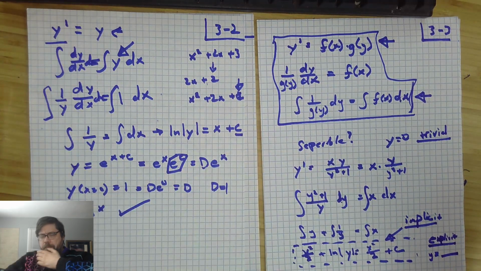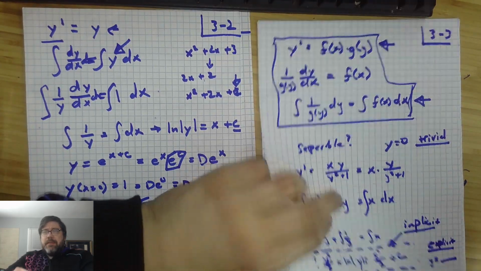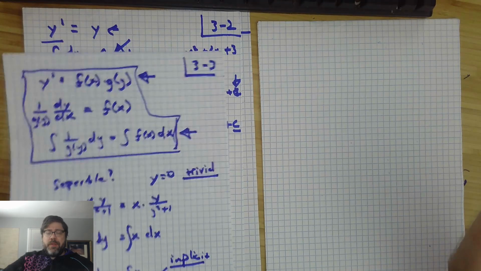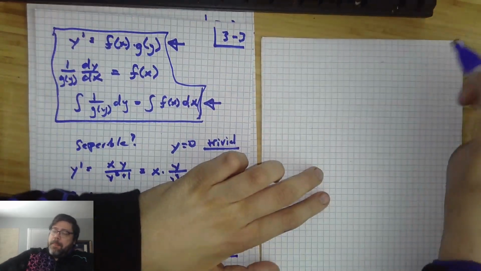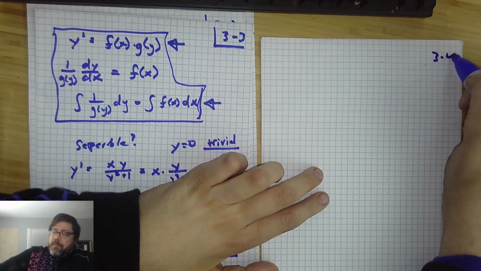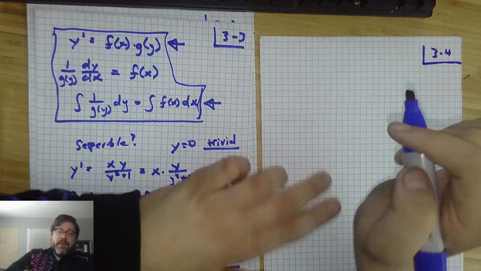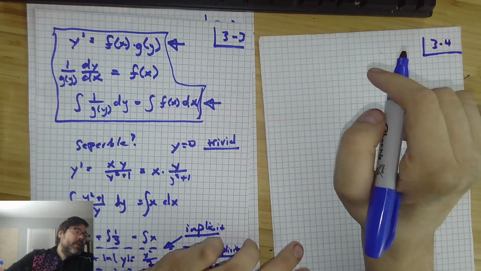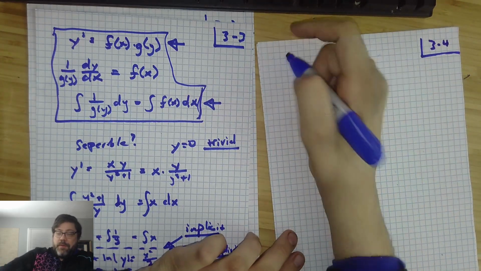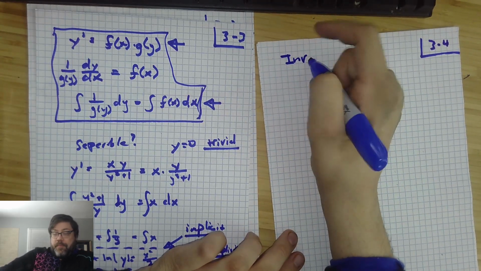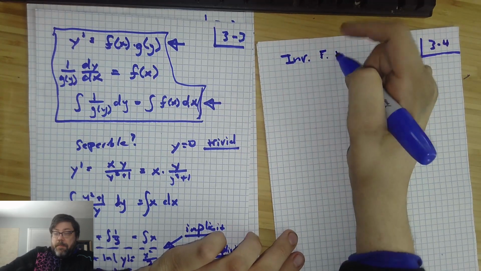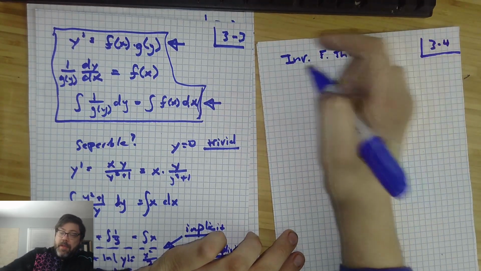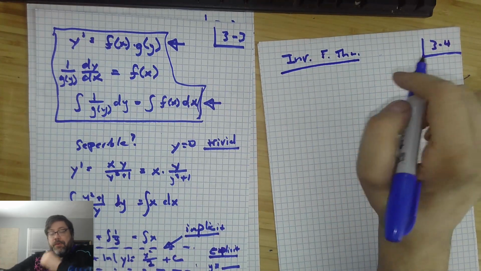Okay. There's a couple other things we want to go over in the time we have remaining here, and this goes well with separable equations, and that is the inverse functional theorem of calculus. So what do we mean by the inverse functional theorem?